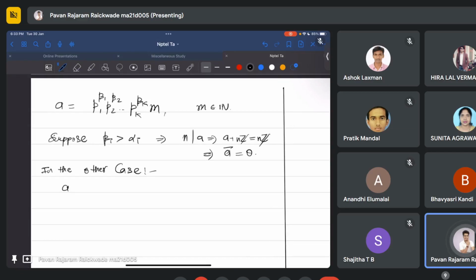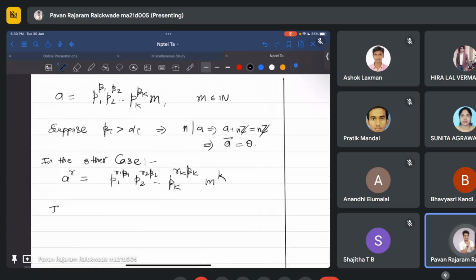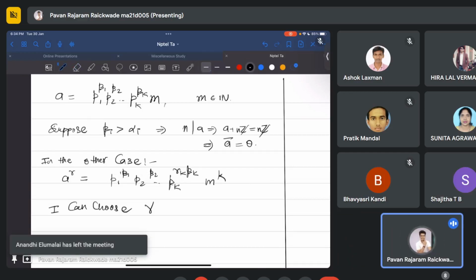if I keep doing a power some r, then I know what happens here. p1 raised to r beta 1, then I get p2 raised to r beta 2, up to pk raised to r beta k, and then here I get m power k, right? So I can choose some r, I mean not this r1, I'm sorry, these are only r.